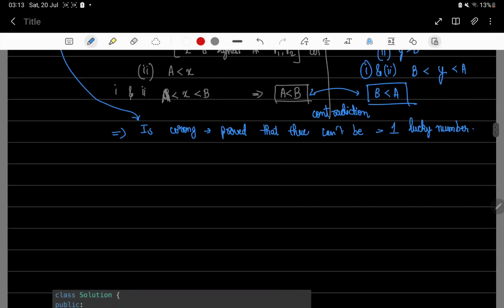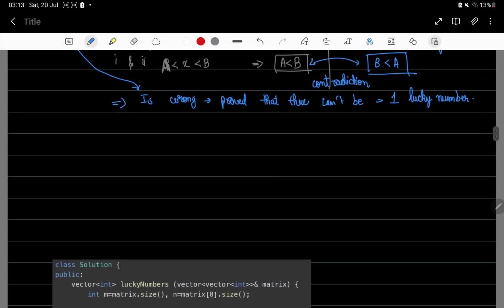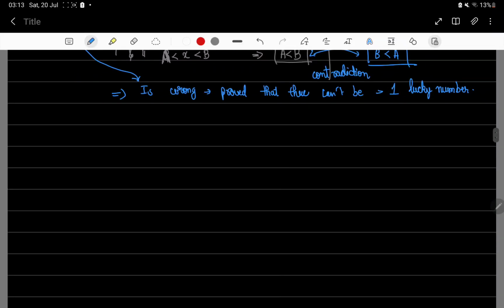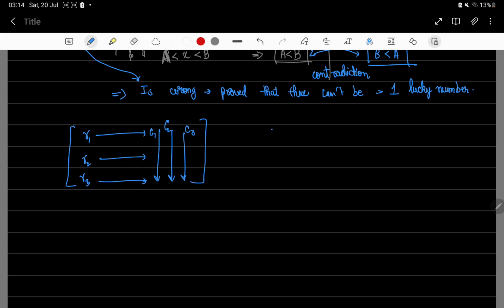Now the next question was, in the editorial, what they did was, if this is my R1, R2, R3, and C1, C2 and C3, they took the minimum in R1 row, minimum in R2 row, and the minimum of R3 row.